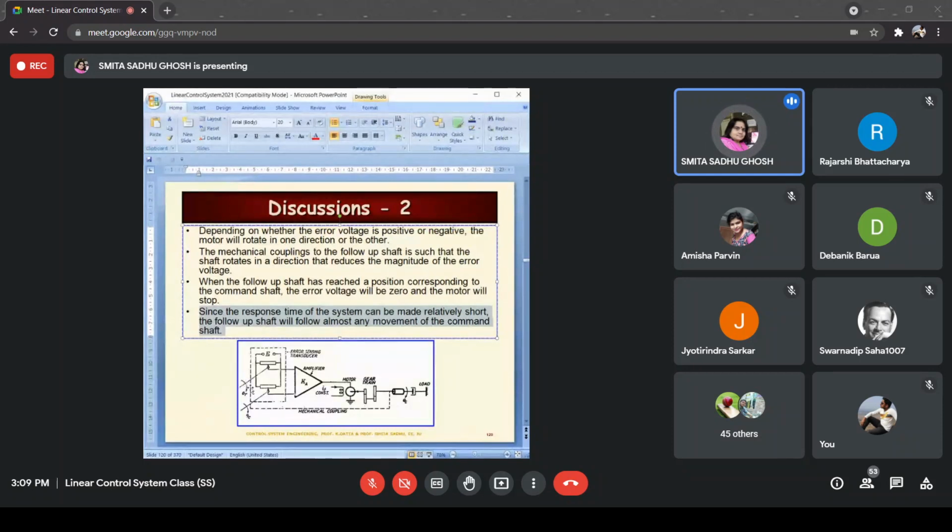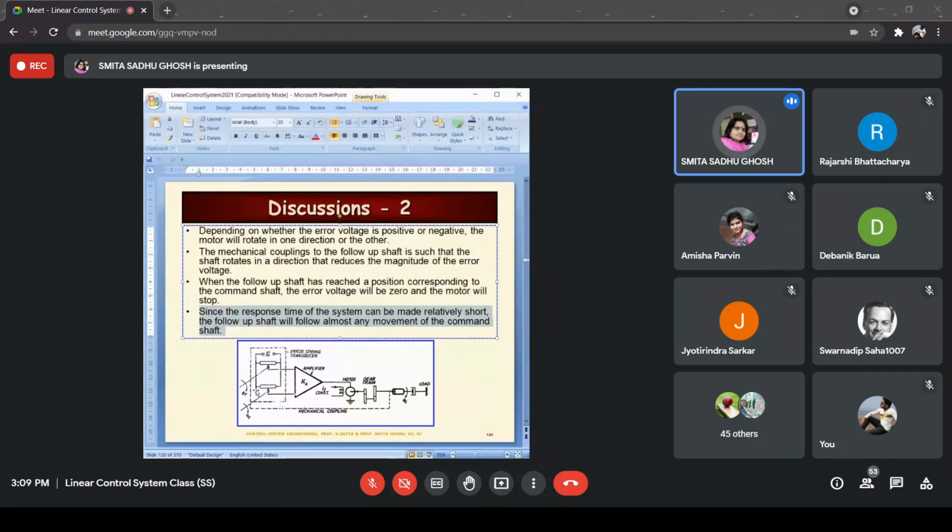Now, say for example, I want theta r to be equal to 25 degrees. So I change theta r to 25 degrees. Again, a difference between these two positions is generated, that is, the difference in the angular positions theta r minus theta c. As a result, the corrective action will again try to bring theta c to 25 degrees.